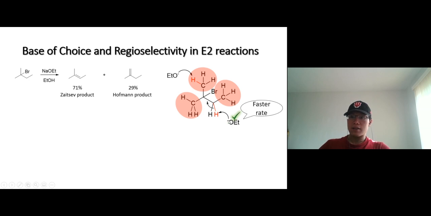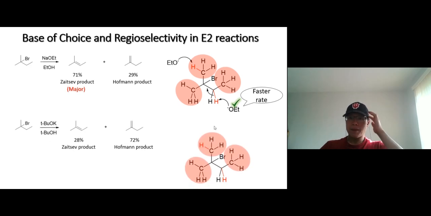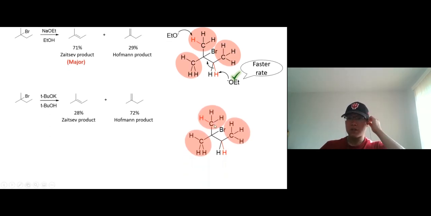It does know that elimination of this proton, the inside one, produces the more stable alkene, which means that this process goes faster. That's why we get the Zaitsev product rather than the Hofmann product. But the big bulky base doesn't have this option. It does know that the inside one would give the more stable alkene, but it cannot get inside.